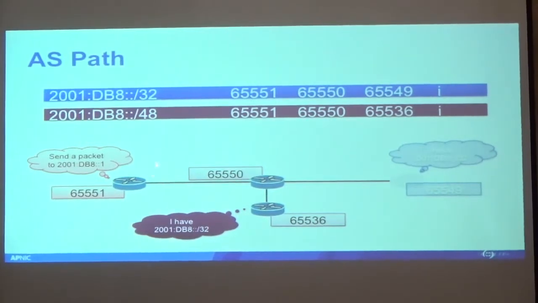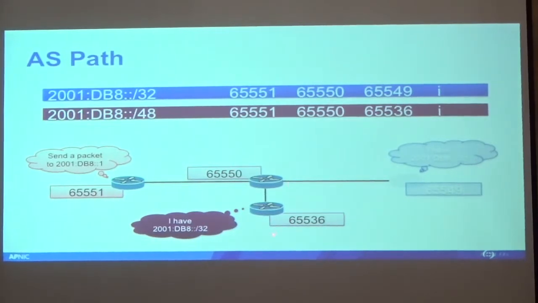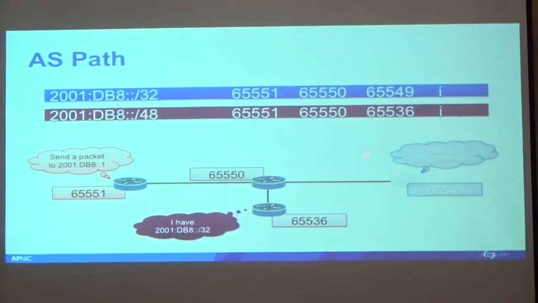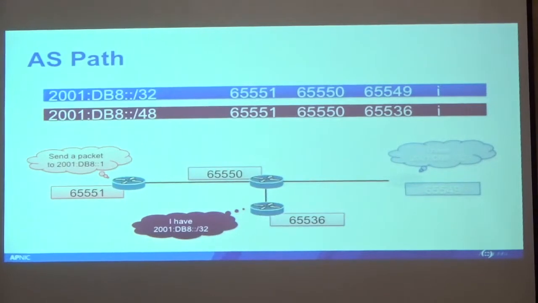So I will hop via 6551 to 6550, and then 65536, ignoring this router because this is now a longest match route. Right? So is this a problem? Well, maybe there are cases that are not.